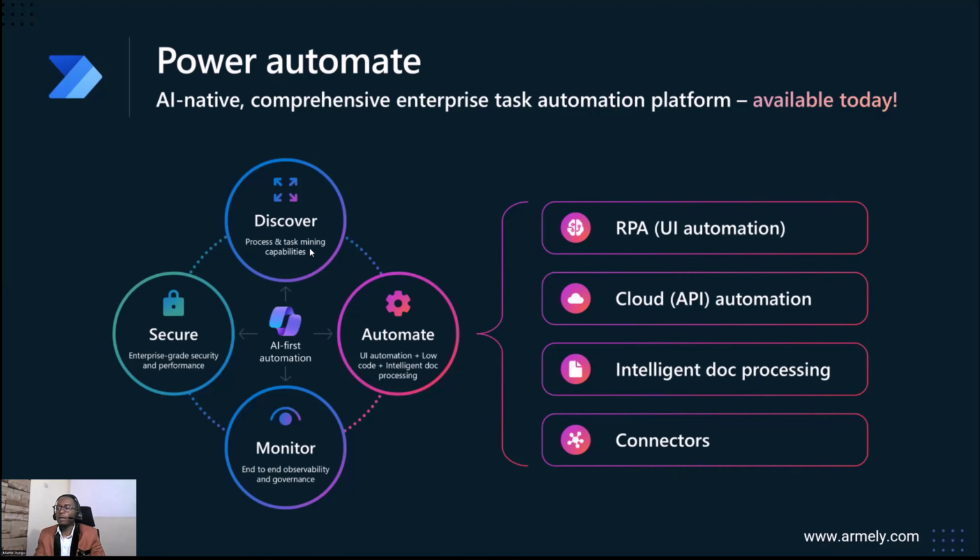Then we go to the automation piece, which is UI automation, low code, and has AI features like intelligent document processing. The third piece is monitoring. It's part of a managed platform, so there's end-to-end observability and governance. And finally, security. There's enterprise-grade security and performance.